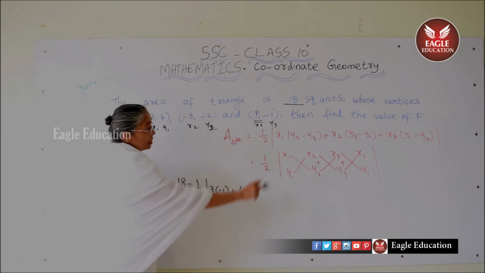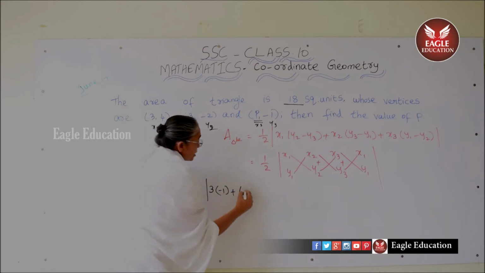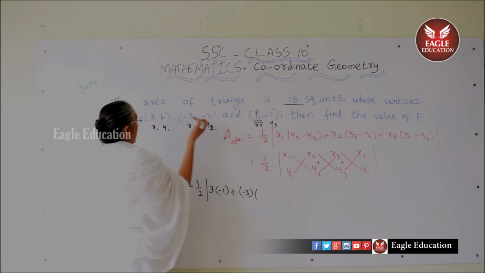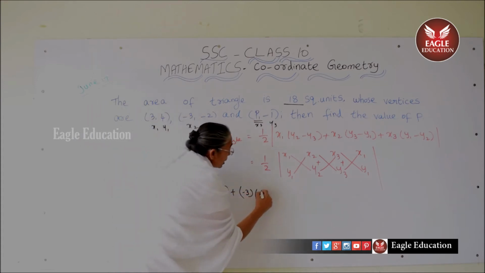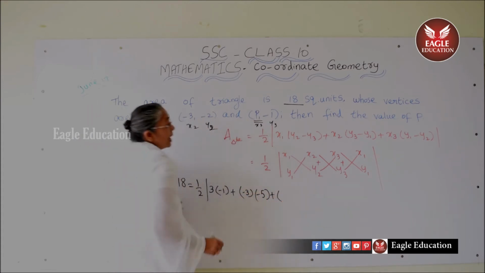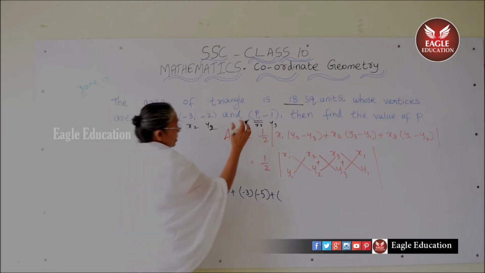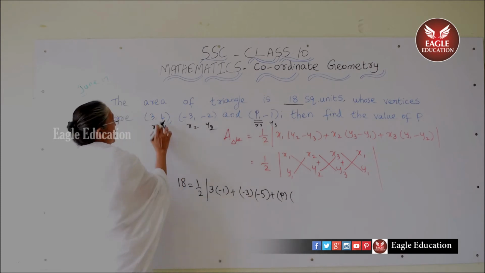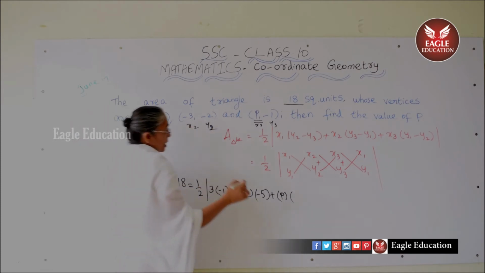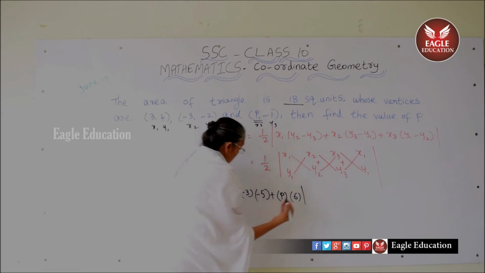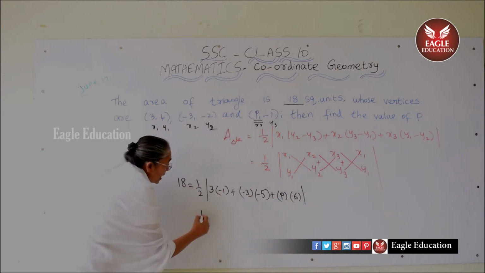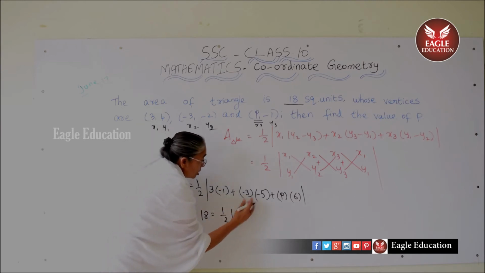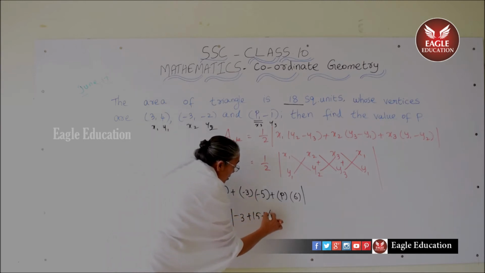Plus the next one, x2 into minus 3 of (y3 minus y1), so y3 is minus 1 minus 4, minus 5. Plus x3 into, our x3 is P, the unknown quantity, P of (y1 minus y2). So, 4 minus of minus 2 which is 4 plus 2, 6. So, 18 equals half mod of minus 3 plus 15 plus 6p.